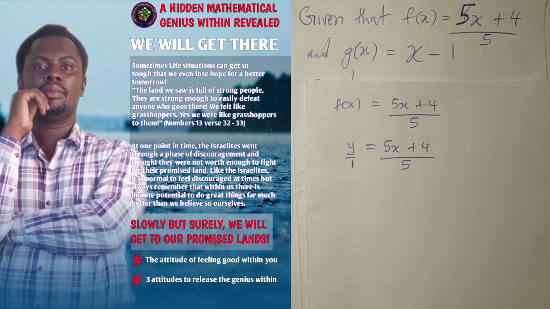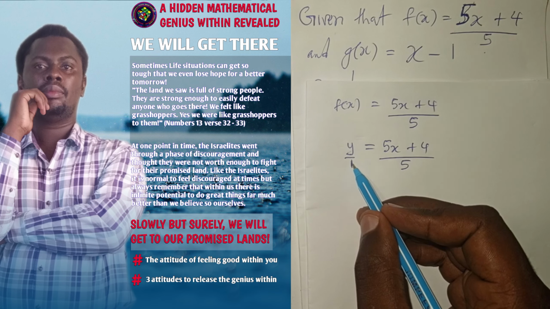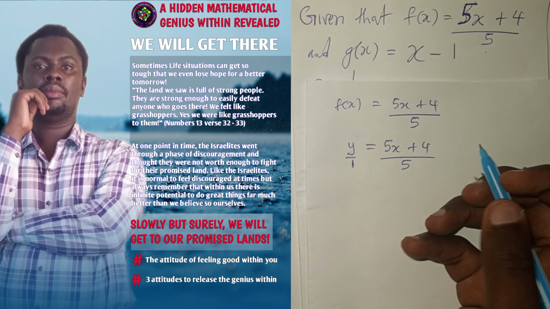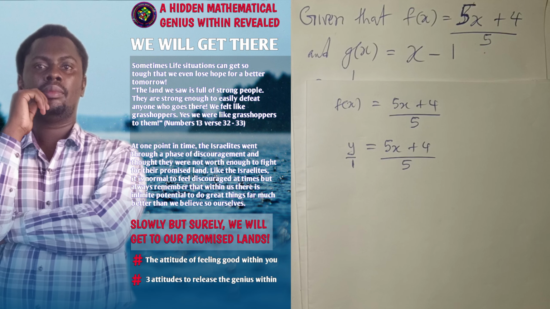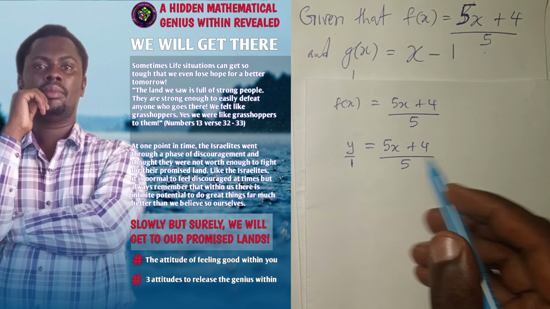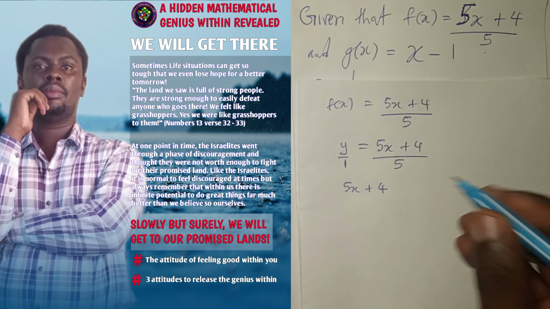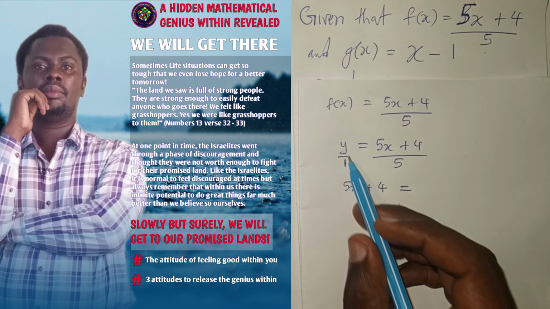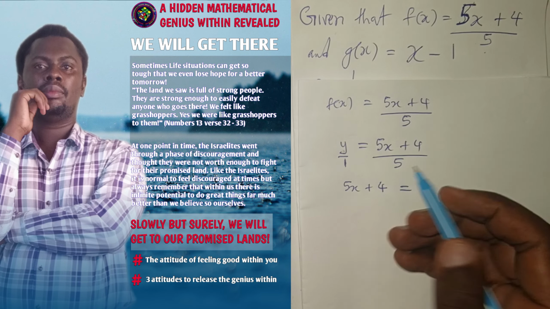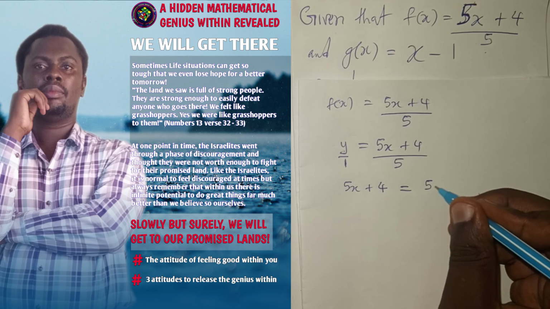So we have 1 multiplied by 5x plus 4. 1 multiplied by any number is that number. So we get 5x plus 4 equal to y multiplied by 5, which is 5y.